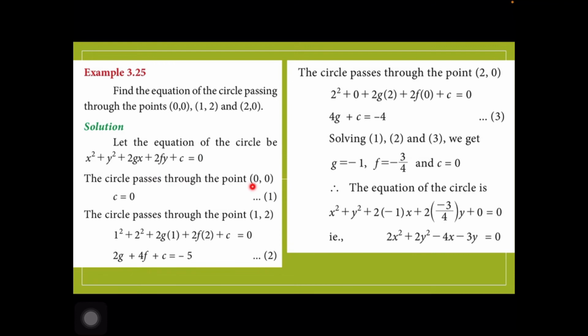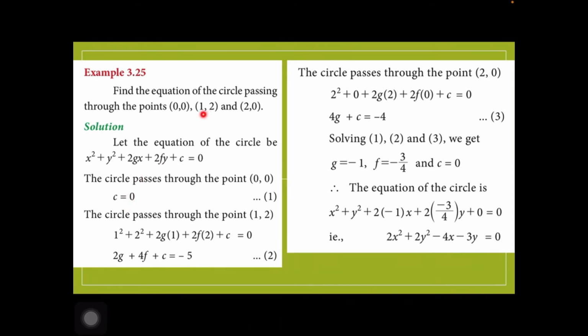So, here it is (0, 0). So, x is 0 and y is also equal to 0. So, you can substitute 0 for x and 0 for y. Okay. So, this equation becomes 0 plus 0 plus 0 plus 0 plus c is equal to 0. That implies c is equal to 0.